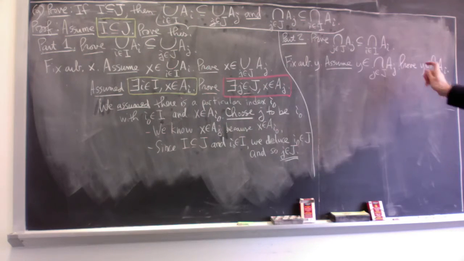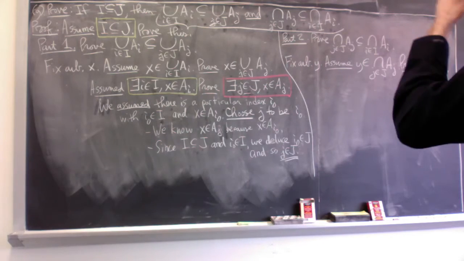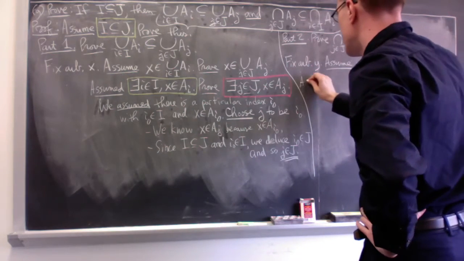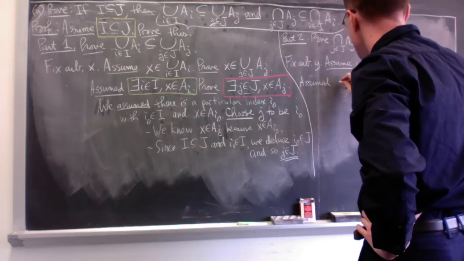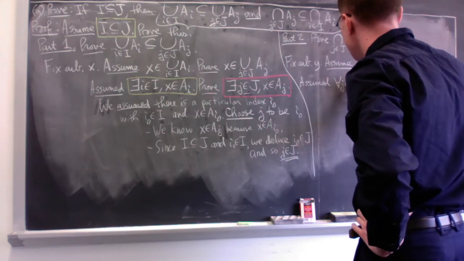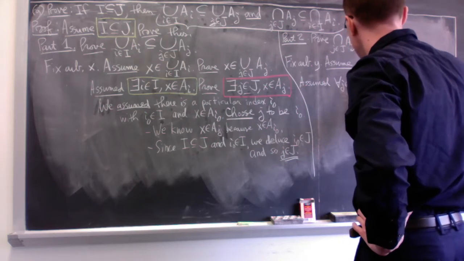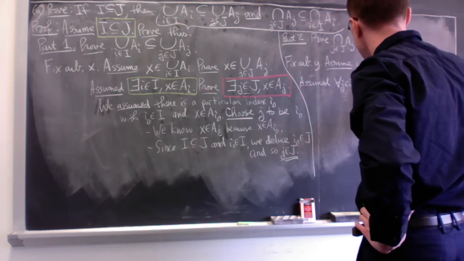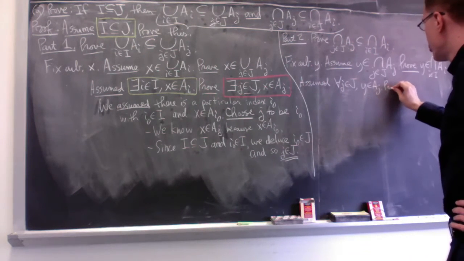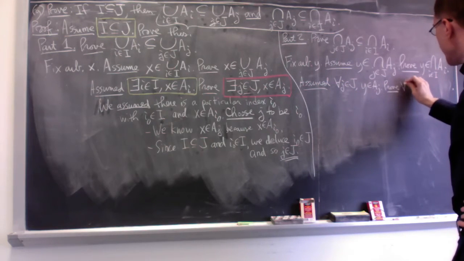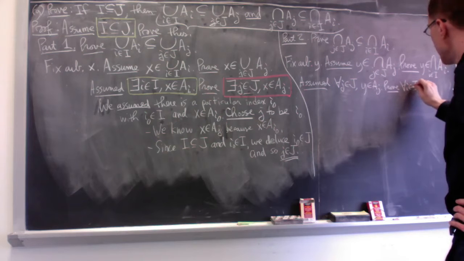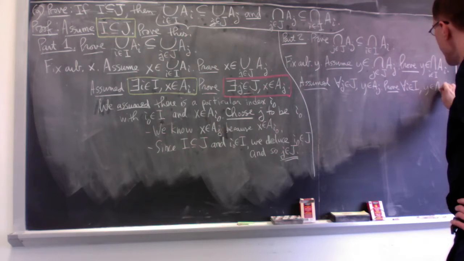All right, and so we get to expand definitions here as well. But now it's the intersection. So now we've assumed that for every j in capital J, y is in A j. And we have to prove that for every i in capital I, y is in A i.